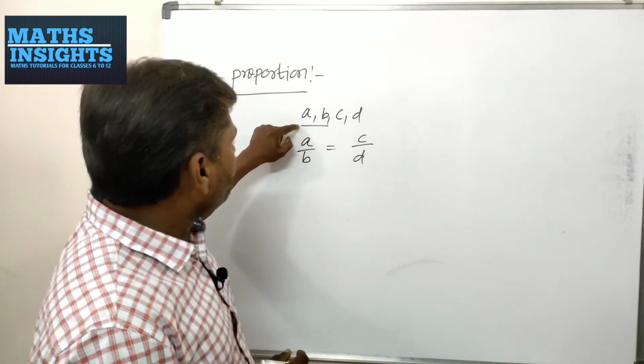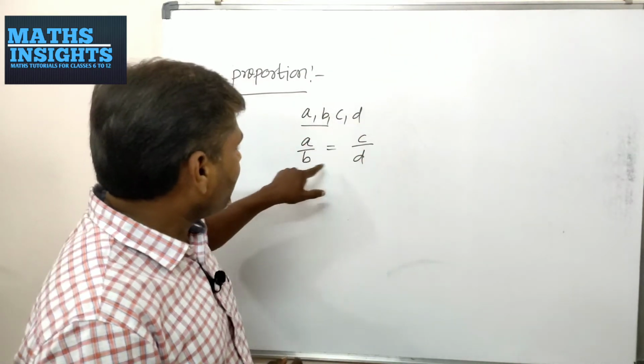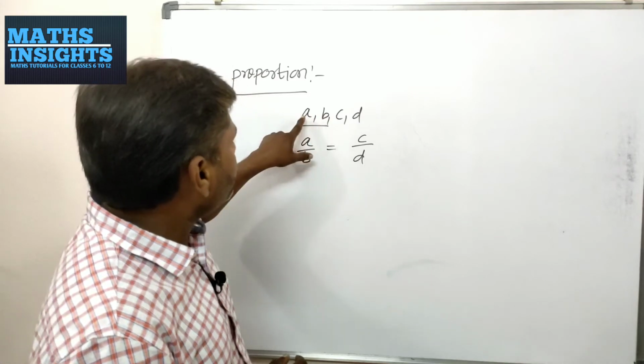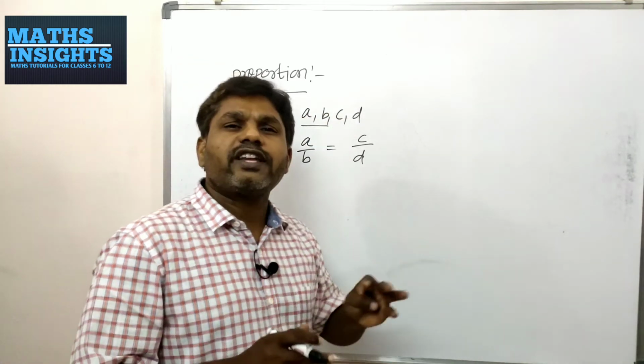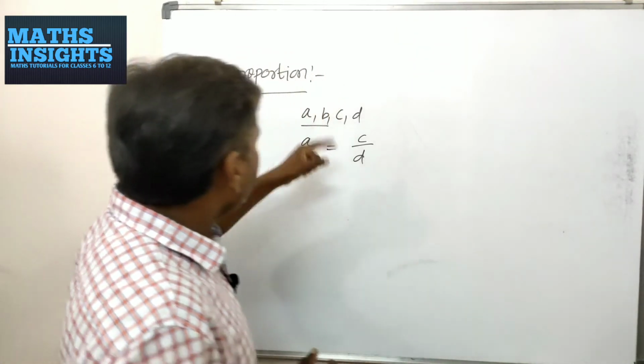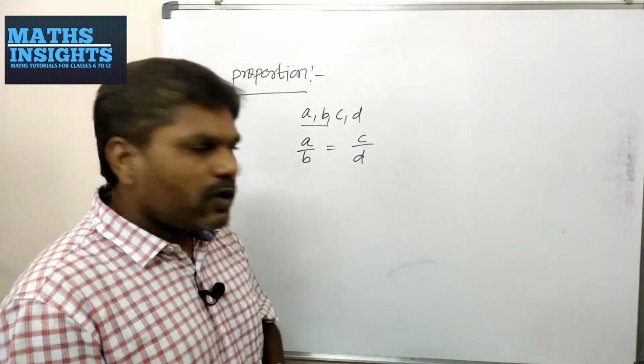Then here the ratio between first and second, and third and fourth is equal. Therefore, you will say that A, B, C, D are said to be in proportion.